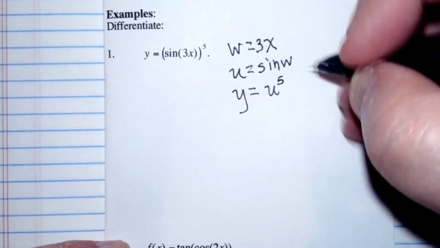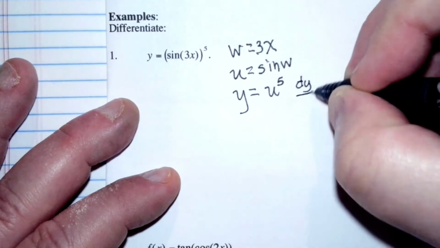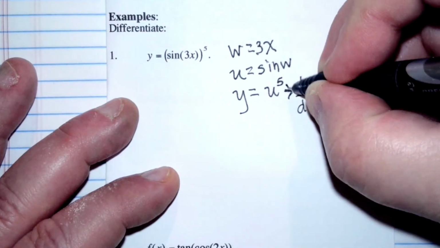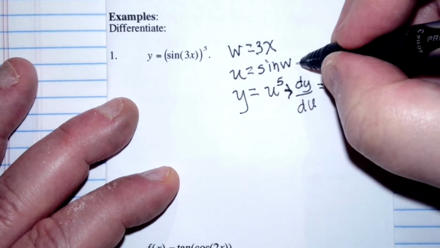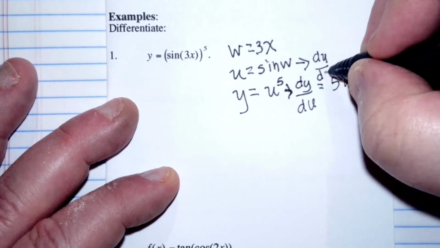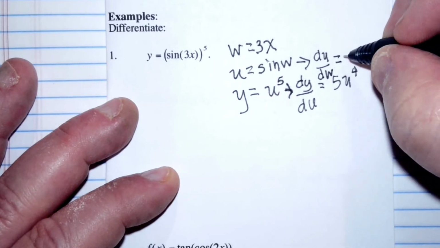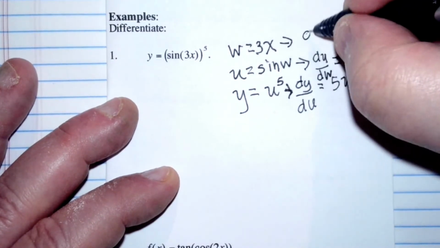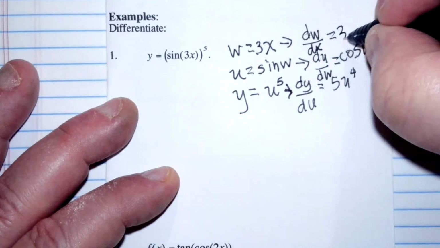So if we differentiate each of these, what we're going to get is the derivative of y with respect to u, which is 5u to the fourth. Differentiating this is going to give us the derivative of u with respect to w, and that is cosine of w. And then the derivative of this is going to be dw over dx, the derivative of w with respect to x, and that is 3.